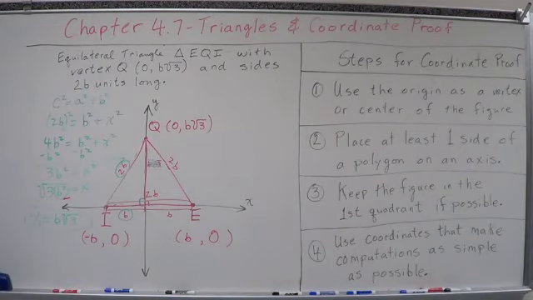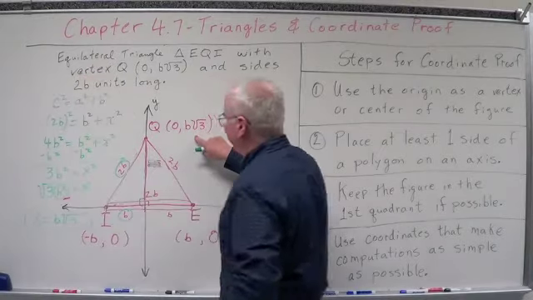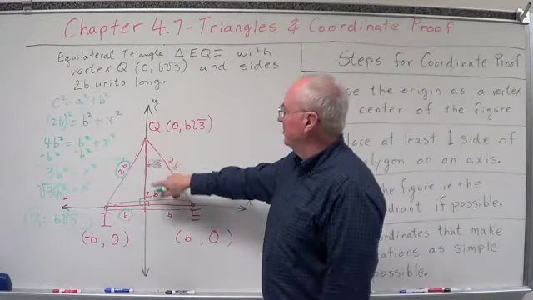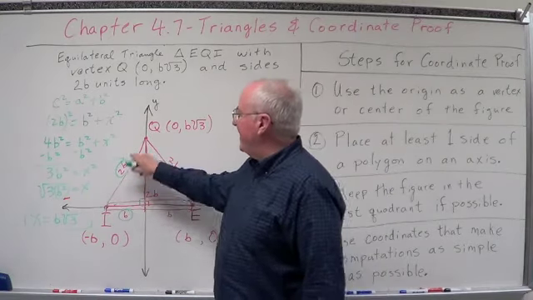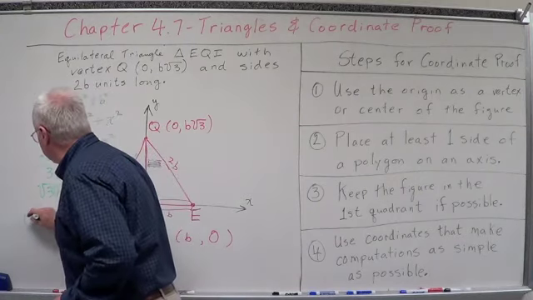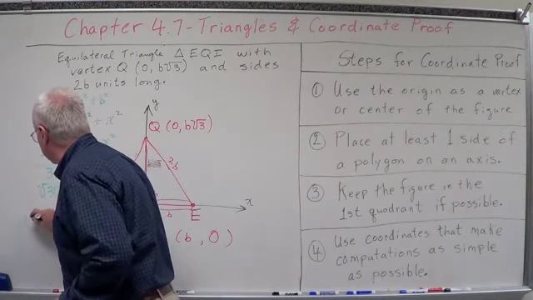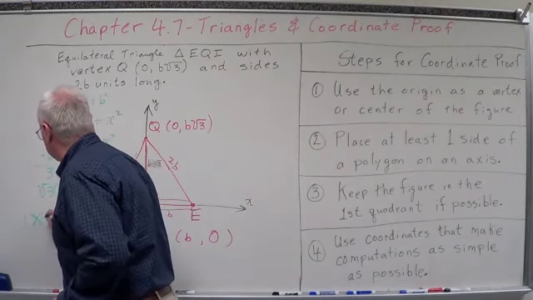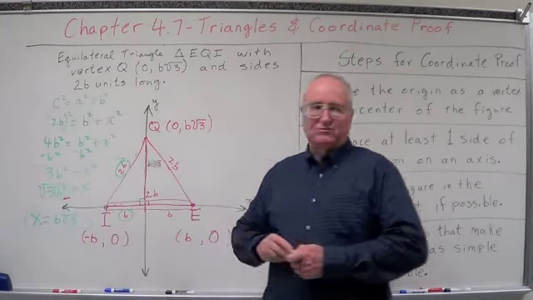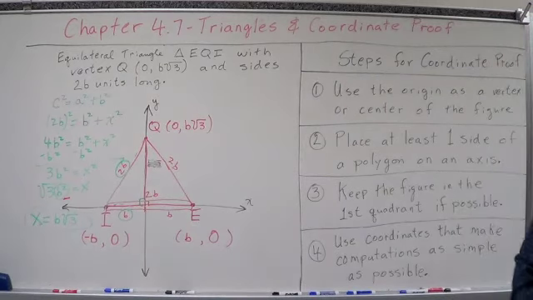Wow. So this right here is the actual position of Q along the y-axis based on the information given to us. Okay, and how do we prove that? Using the Pythagorean theorem. Welcome to special triangles, right triangles, and special relationships among certain right triangles.